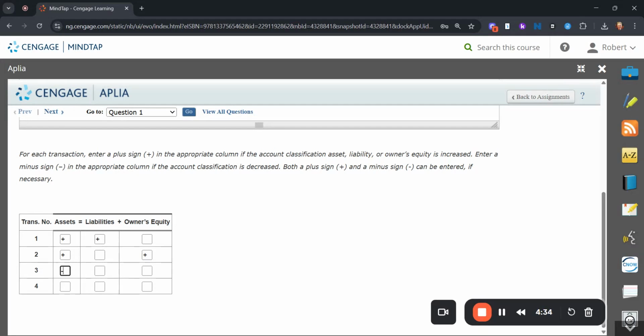Now the insurance. Insurance is an asset, because if that insurance gets canceled, and whatever value is left on the insurance can be refunded back to the business or the business owner, that cash is an asset that comes back into the business, so we'll consider insurance as an increase in an asset.